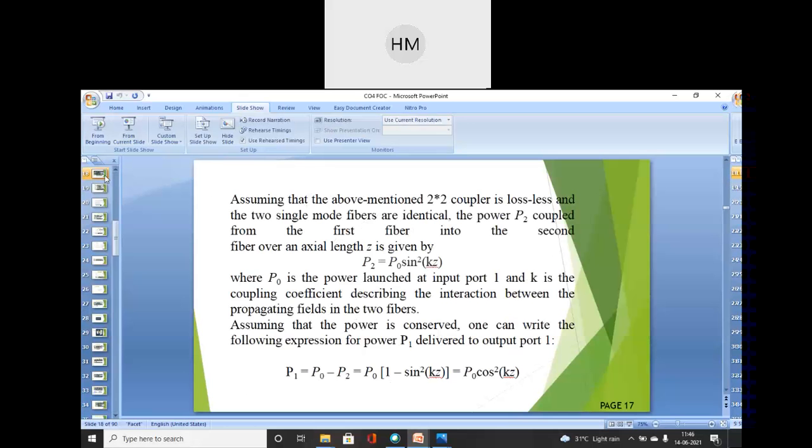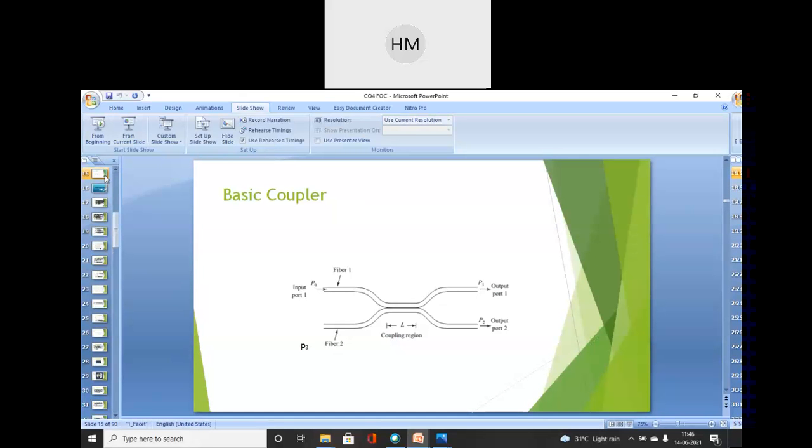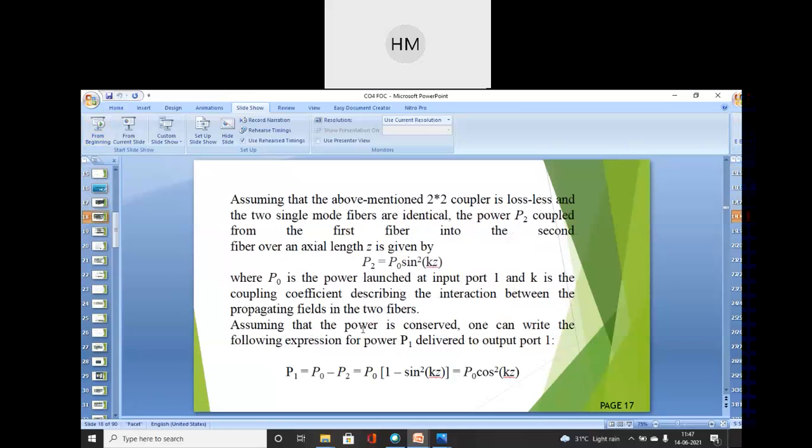I will show you the slide. I have put all the slide effects now, so it becomes difficult to show you this. P0, P1, P2, P3, fiber 1, fiber 2. This is the coupling region. ठीक है? So P1 is equal to P0 minus P2. P2 is this.